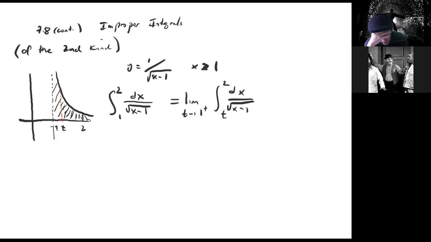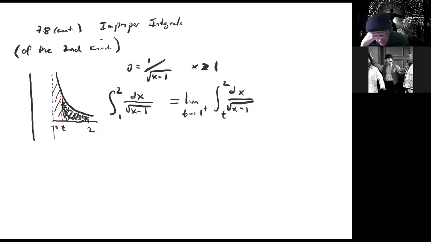So we are integrating from T to 2. So let me redo this drawing a little bit. Here's 2. Okay, so we are interested in calculating the area. So what we're going to do is calculate the area first to the right, and then we're going to take T going to 1 on the right. Okay, so how do we do that?